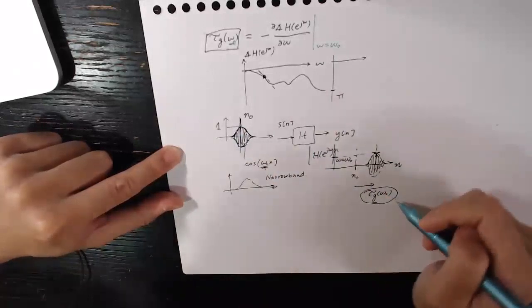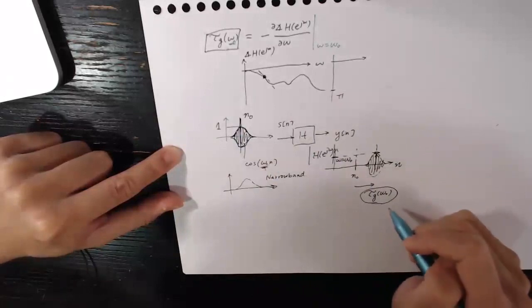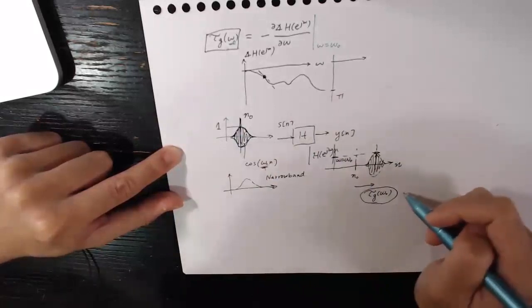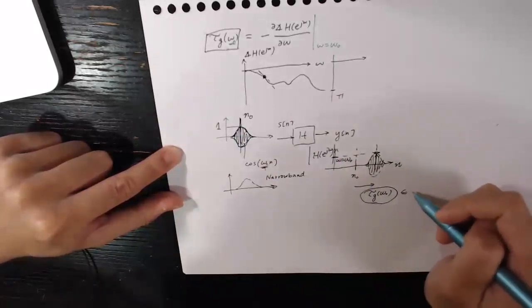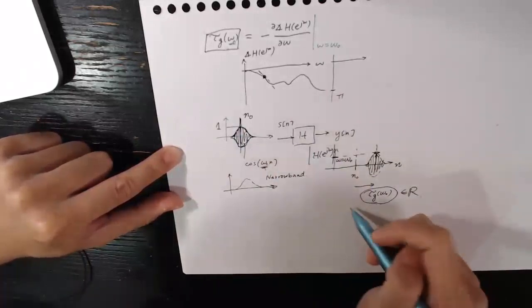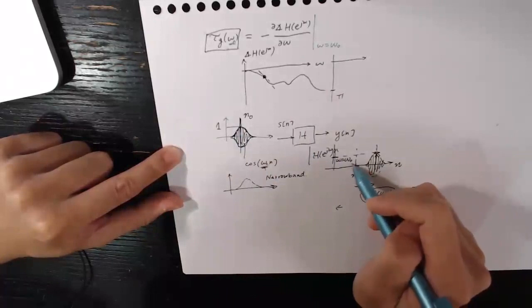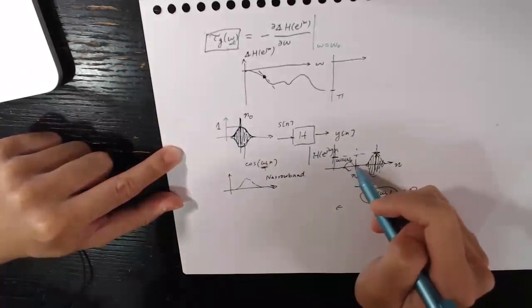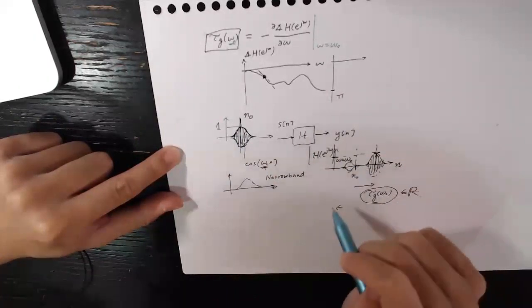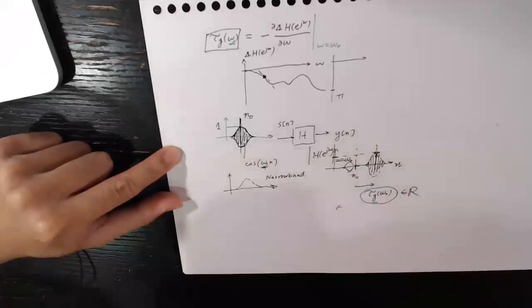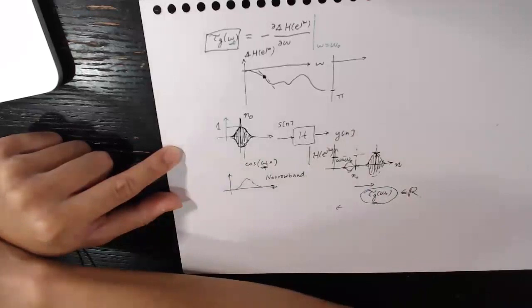And this thing doesn't even have to be an integer, by the way. In general, it can be any real number. It can also be negative, meaning that sometimes when the signal goes through a system, this is actually pretty strange, that the group delay at certain frequencies can be negative.